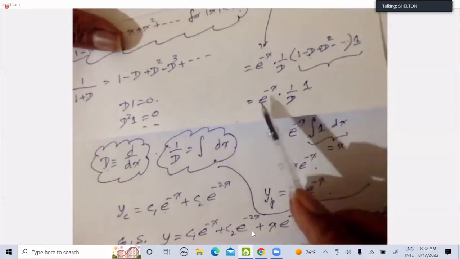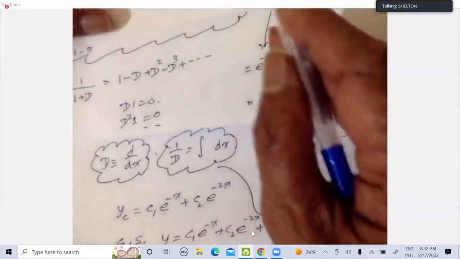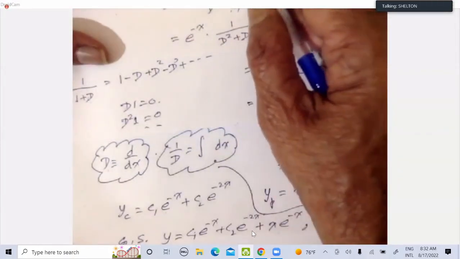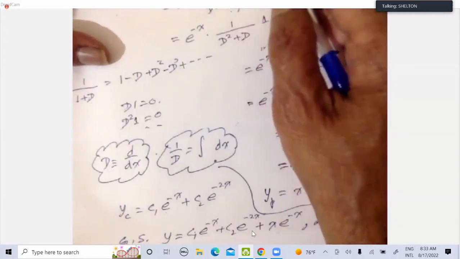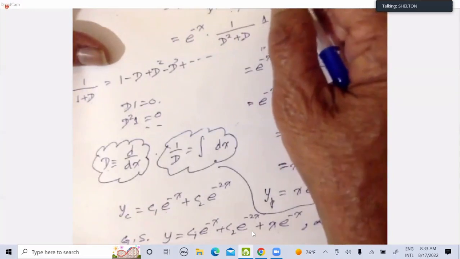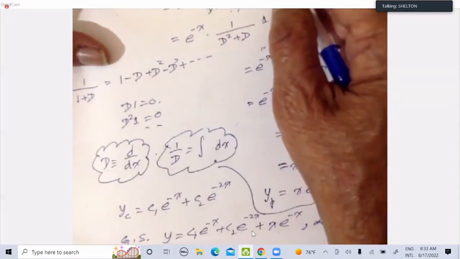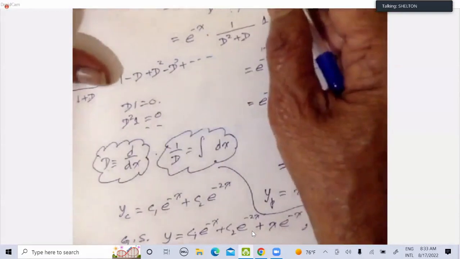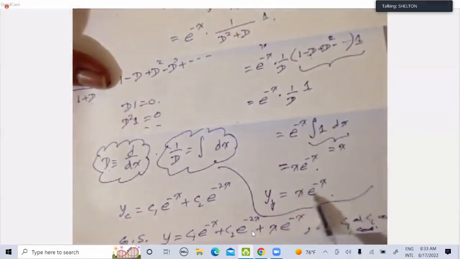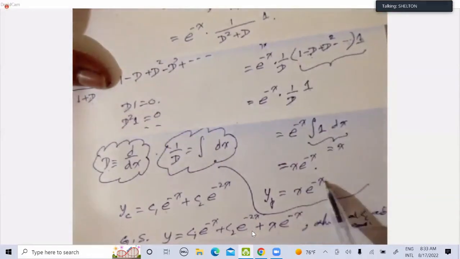So you see that when you have a function of x times some x term, like just a power of x, like x squared, x cubed, whatever, what we get is, if it is 1, you get x e to the alpha.